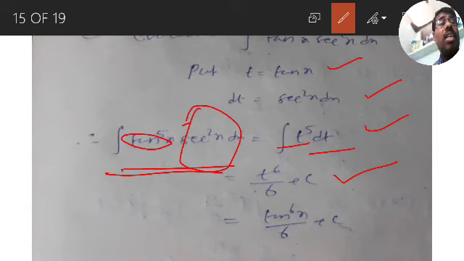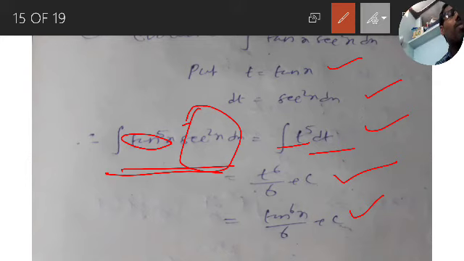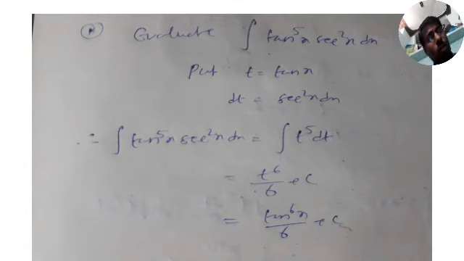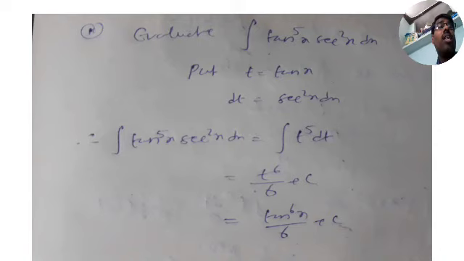What is t? T is equal to tan x. So, answer is tan power of 6 x by 6 plus c. Are you getting? So, this is the method, integration by substitution, which converts unknown integration into the known integral. The integration which is not in a standard form is converted into standard form.